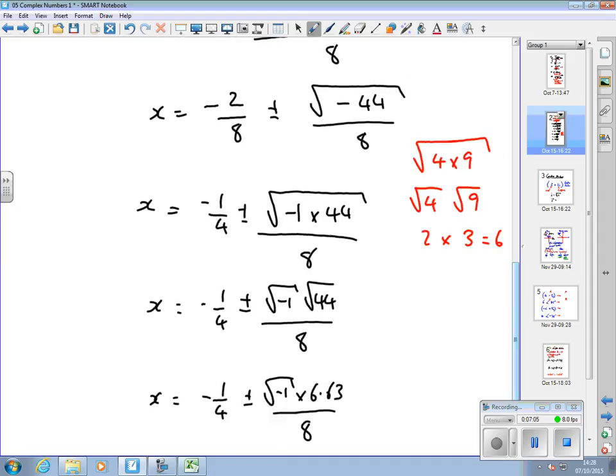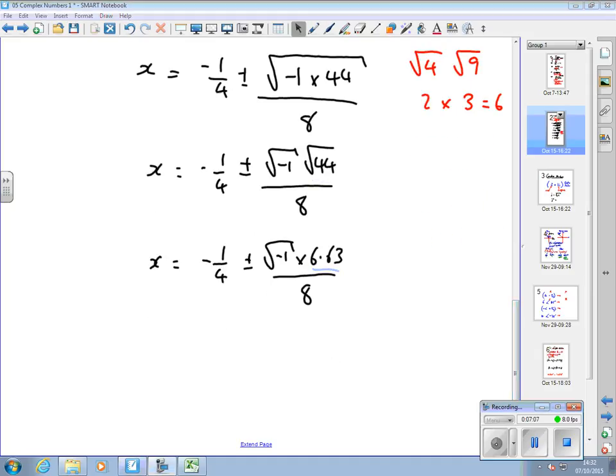Yeah. So if we look at this now, we can actually work out what 6.63 divided by 8 is. We can do that bit, that divided by that. What is 6.63 divided by 8?